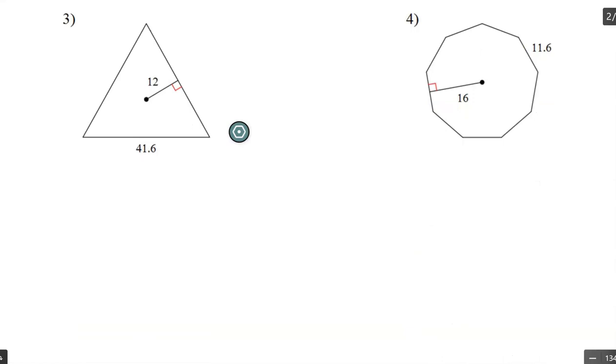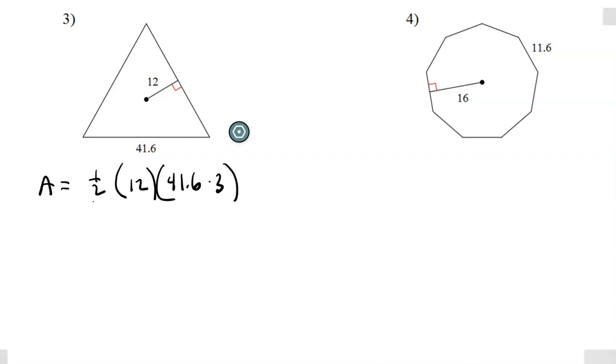All right, moving down here to the next one. We have the apothem, we have a side, we should be good to go. So 1/2 apothem times perimeter is 41.6 multiplied by 3, because we have 3 sides. So 1/2 of 12, that's 6, times all this stuff, 41.6 times 3.